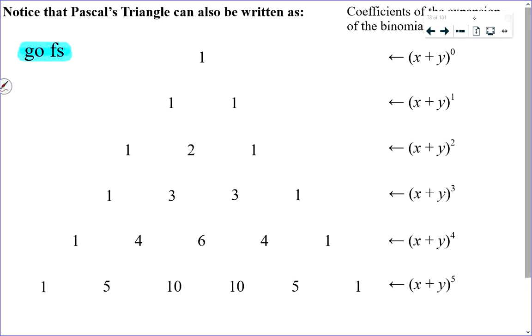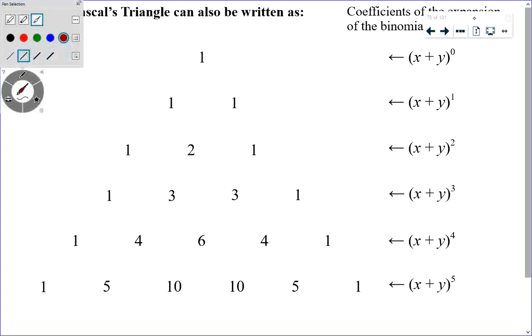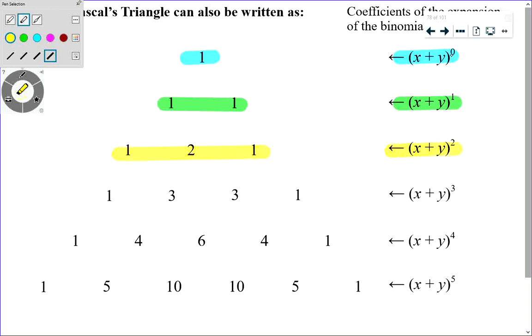So this first row is the coefficient in the expansion of x plus y to the 0. The second row are the coefficients of x plus y to the 1. The third row, the coefficients of x plus y to the 2.